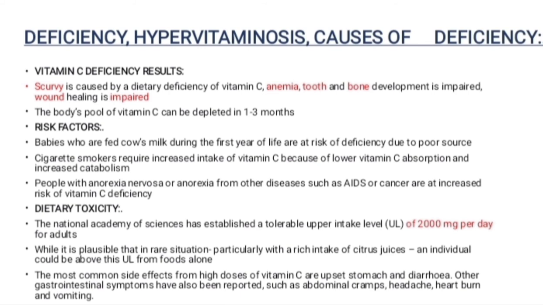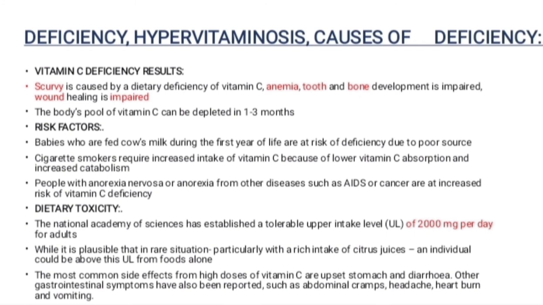So the main deficiency sign that arises is termed scurvy, that is bleeding from the gums and inflammation of smooth muscles. So scurvy is caused by a dietary deficiency of vitamin C.